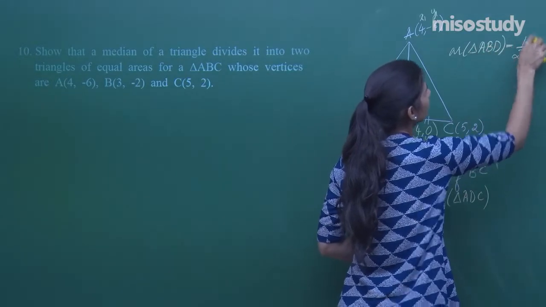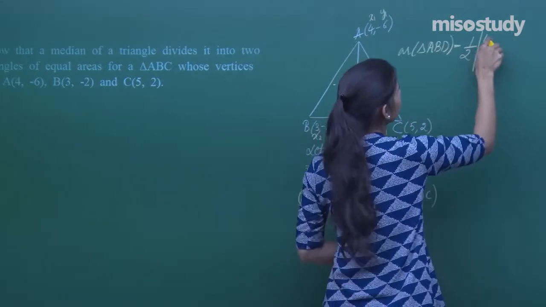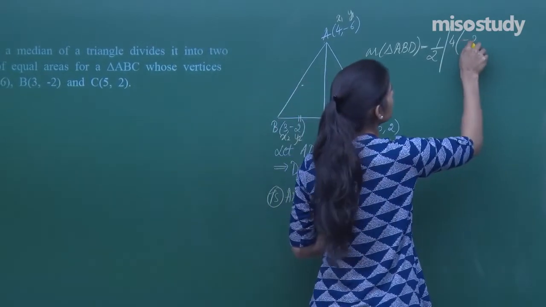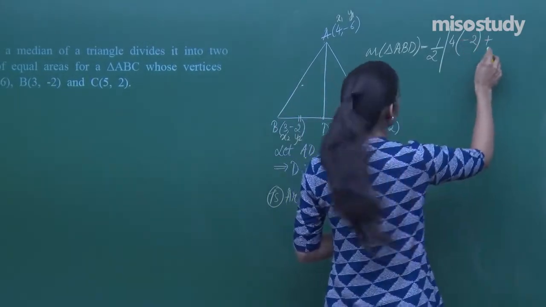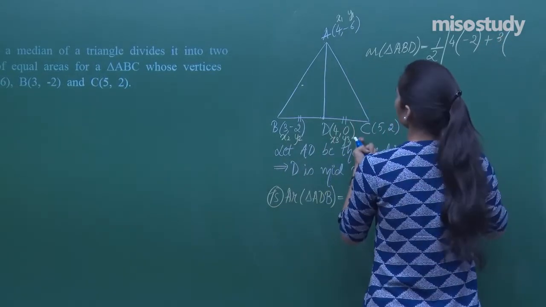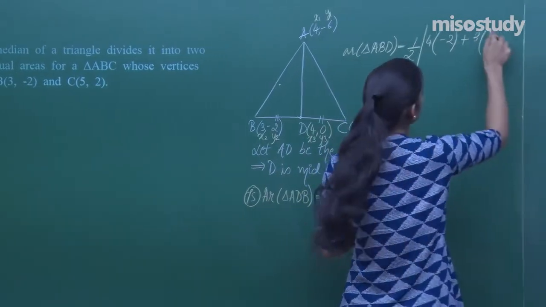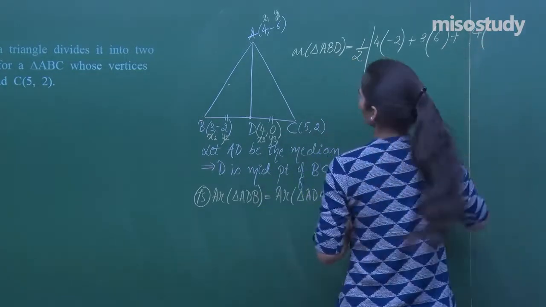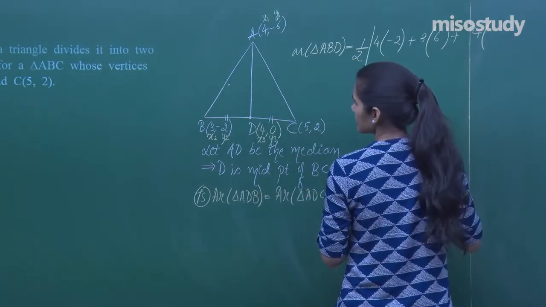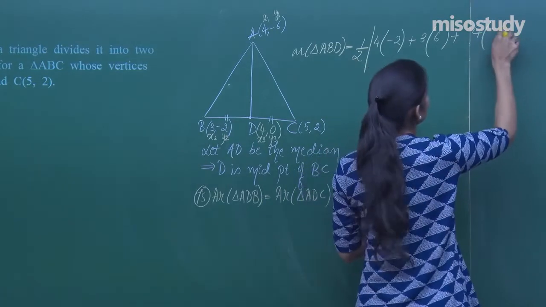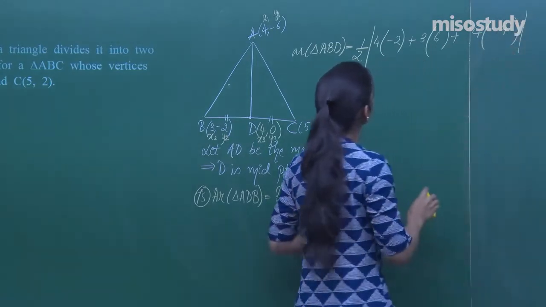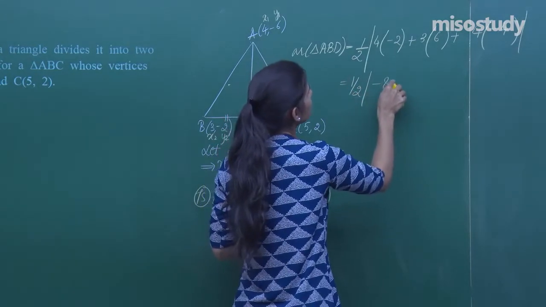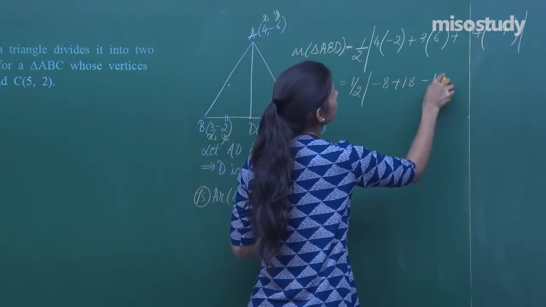is half mod of x1 (y2 minus y3), that is minus 2 minus 0, which is minus 2, plus x2 (y3 minus y1), that is 0 minus minus 6, which is 6, plus x3 (y1 minus y2), that is minus 6 plus 2, which is minus 4. So this gives you 1 by 2 mod of minus 8 plus 18 minus 16.